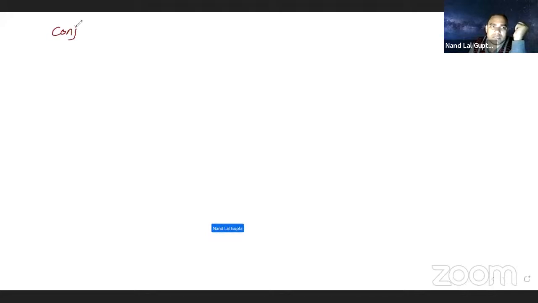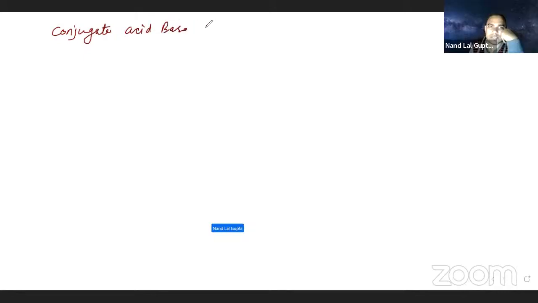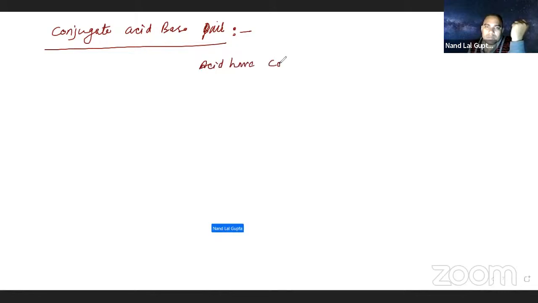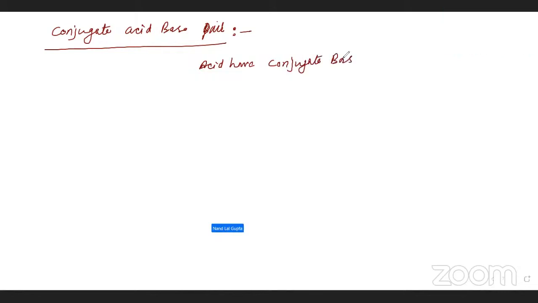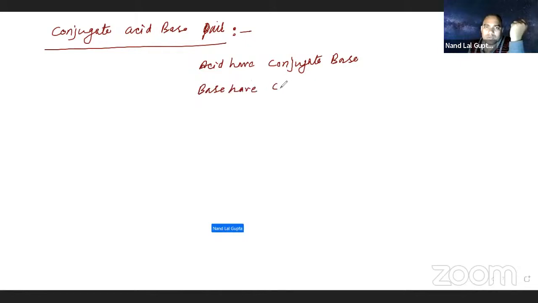Now, next one. Conjugate acid base pair. What do you mean by conjugate acid base pair? Acid has a conjugate base. And base has a conjugate acid.